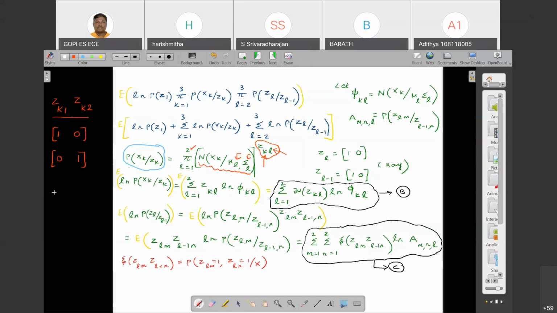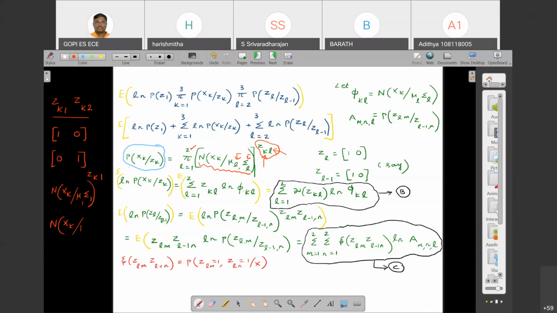activated here, right? So let me write explicitly like this. What I'm trying to say is this: the normal distribution, xk getting generated with the state 1, mu 1, sigma 1. So this is of state 1. So here I am writing this ZK1. It is multiplied with the same trick adopted in the earlier case.